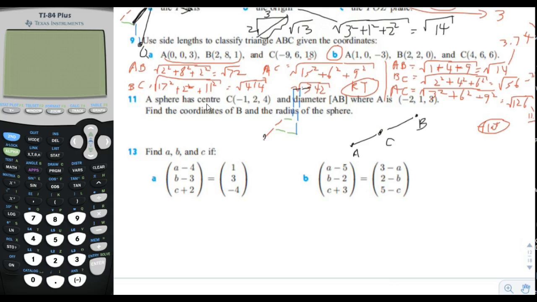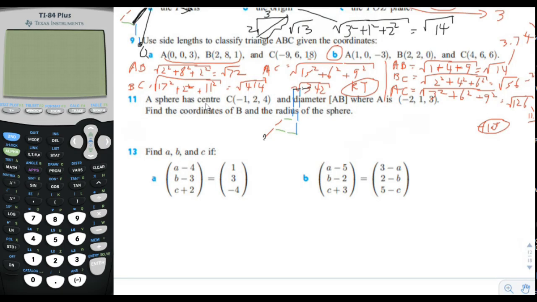We know the coordinates for C and A, but we need the coordinates for B. The way you're going to do that is you're going to figure out the vector CA, and then add or subtract that vector to position C, and then you'll find position B.